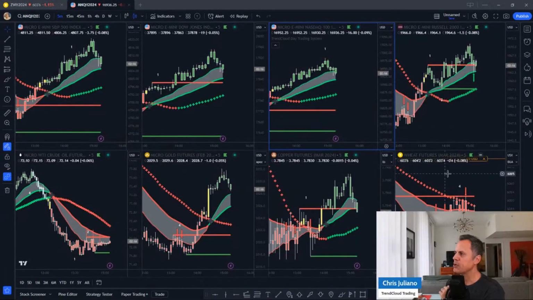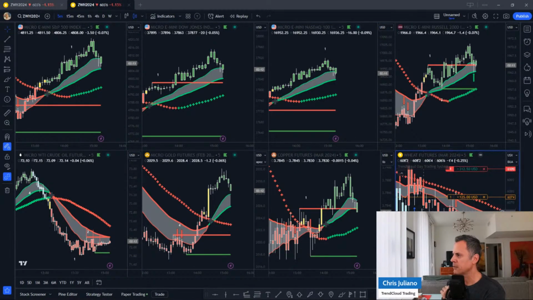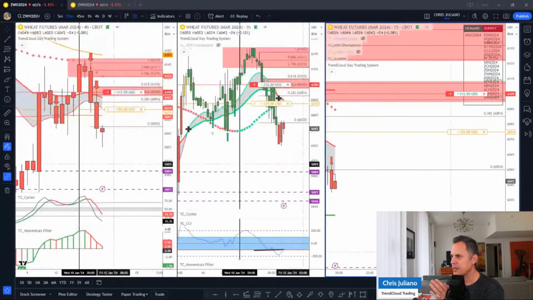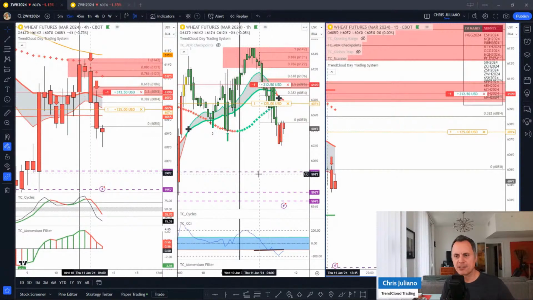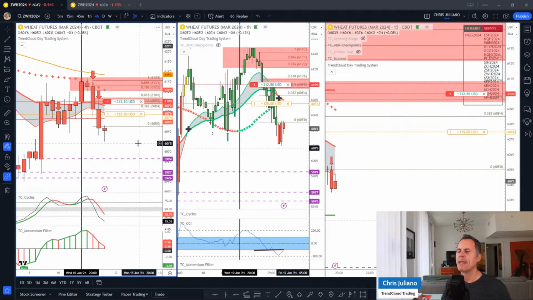We saw that this morning, Thursday the 11th, right around 10 a.m., we started seeing those signals to the downside, and we said, okay, let's match that up now with our multiple time frames. Let's go through our TrendCloud process and see if this is a good trade to take.